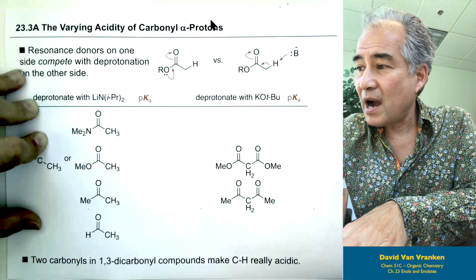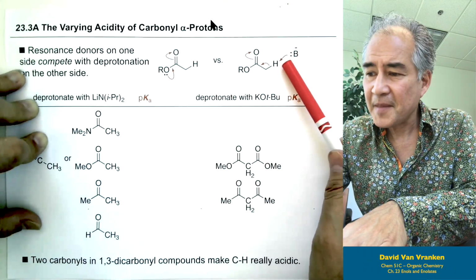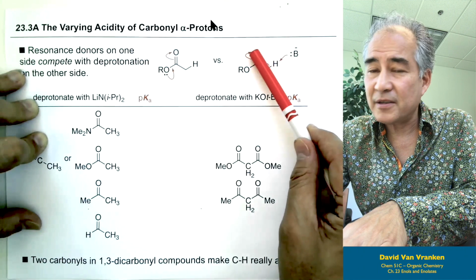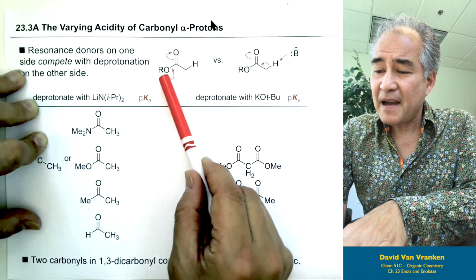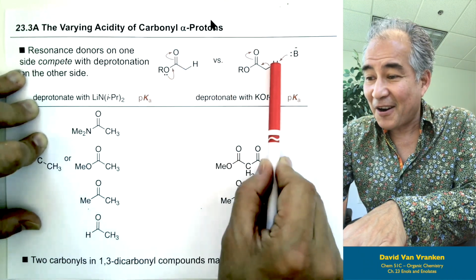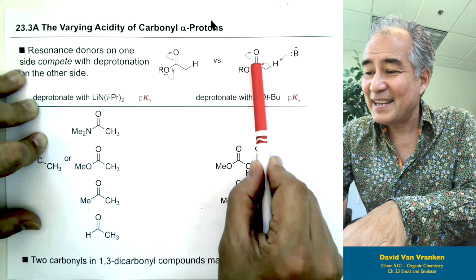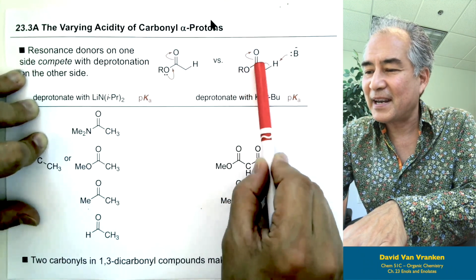The only reason we can pull this proton off over here is because the electrons go into the carbonyl group. But if I've already got a lone pair donating into that carbonyl group, it's a lot harder to pull this proton off, because there's already a lone pair donating in through resonance.